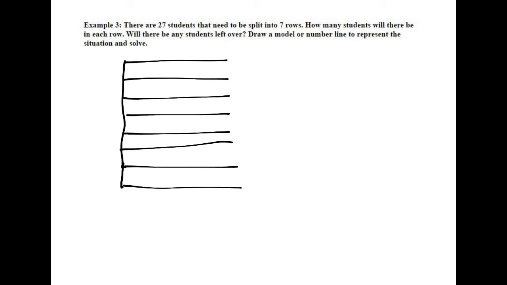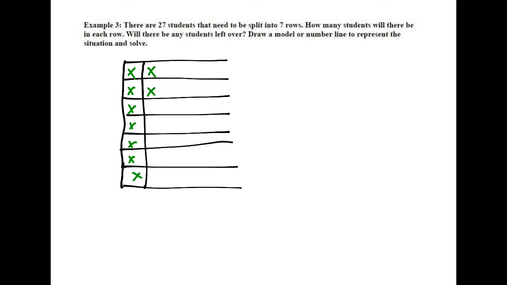Here we go. So 27 students. So there's 1, 2, 3. Actually, let's do X's. It's faster. 1, 2, 3, 4, 5, 6, 7. There's 1 row. And, well, 1 in each row, excuse me, right?